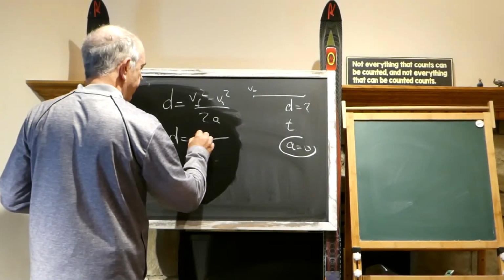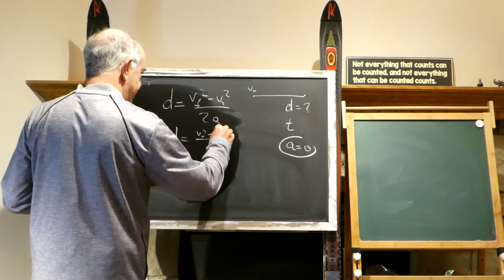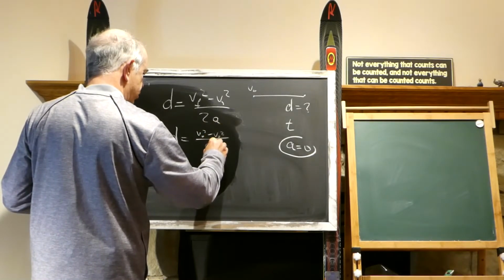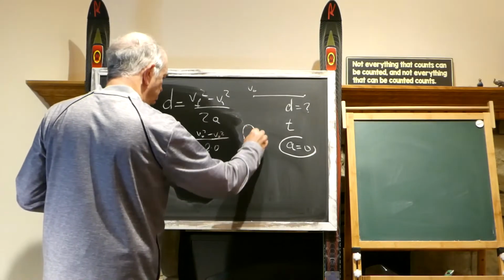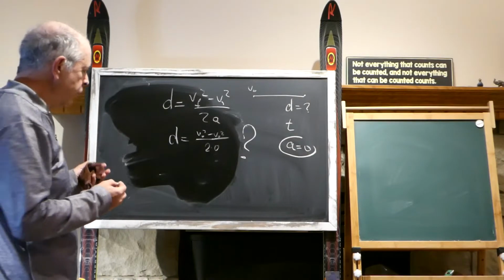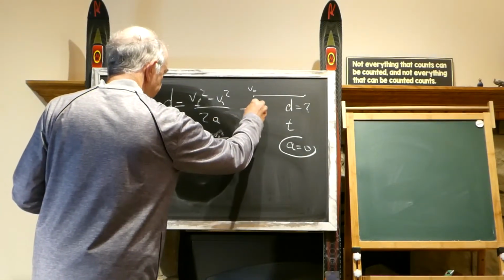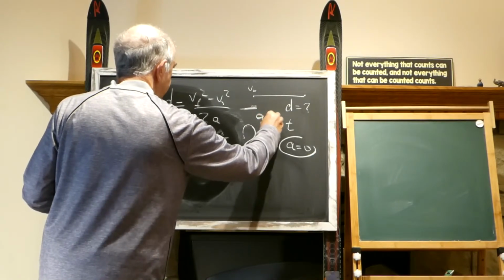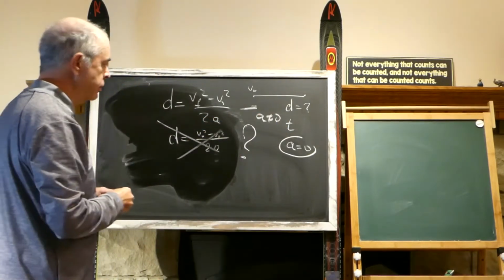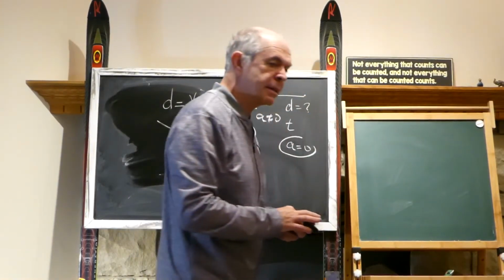We have v0 squared minus v0 squared, but here 2 multiplied by 0. Nobody knows how to divide by 0. That's impossible. When we write this, we always have in mind that a is not equal to 0. And if it's equal to 0, we cannot write it. So you have to be careful with that.